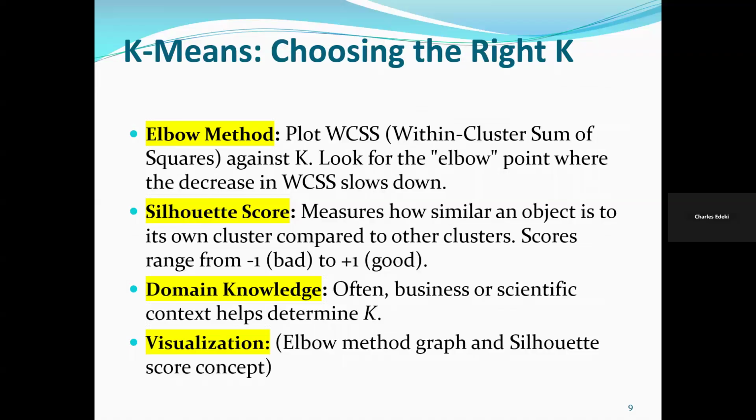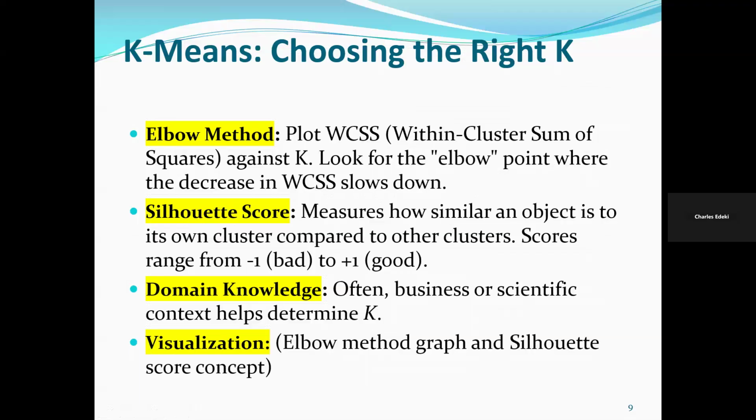This is where we consider a good estimate for K. So as K increases, the WCSS will always decrease, and we look for the elbow point where the decrease in WCSS slows down. That will be the good K to take.